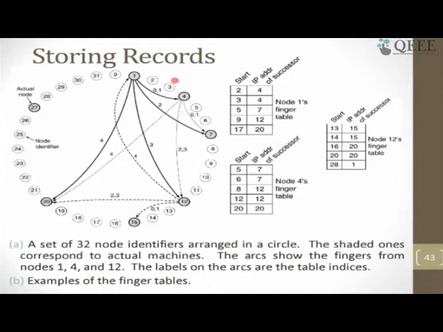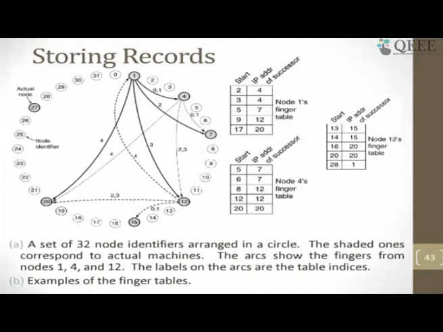Let us say 1. 1 means the ID; it can have some IP, but its ID is 1. So there is one machine. The circle is say 0 to 31, while inside that circle there are how many machines? 1, 2, 3, 4, 5, 6, 7.